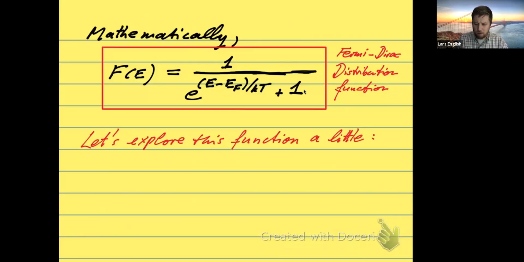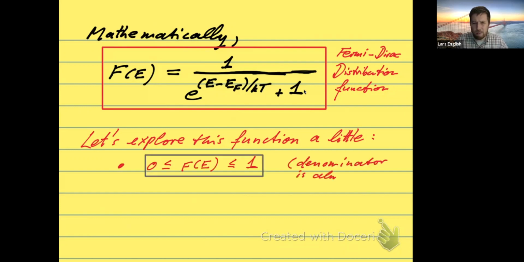First off, you should see that this function really is bound between 0 and 1. So for instance, it can't go above 1. Why? Because the numerator is 1 and the denominator is always larger than 1.